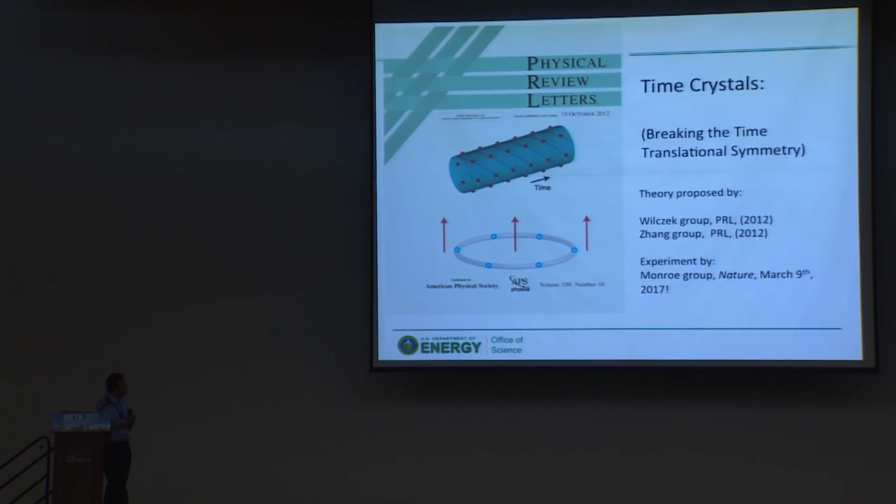We published two back-to-back papers about how we can break time translation symmetry, so-called time crystals. And recently, a few months ago, a French group, I forgot the name, and a Maryland group, Chris Monroe's group, both demonstrated it experimentally.